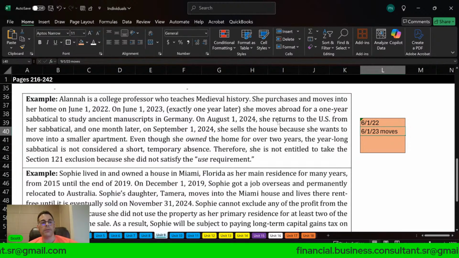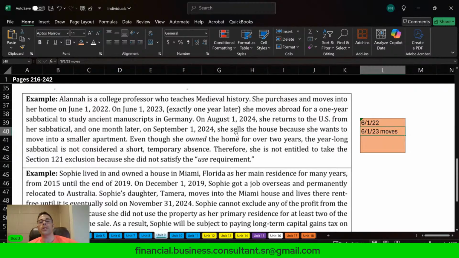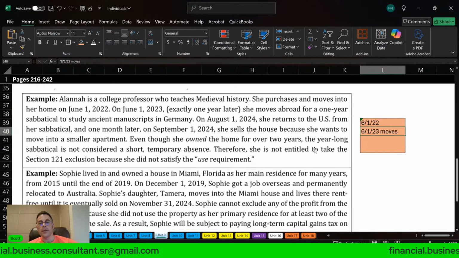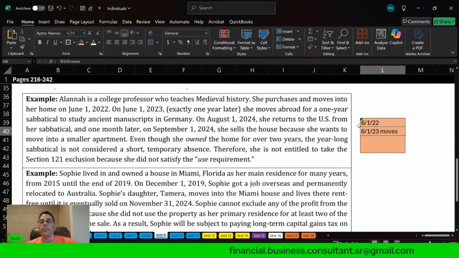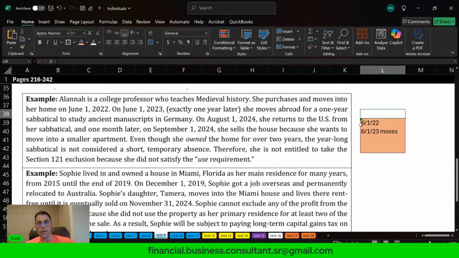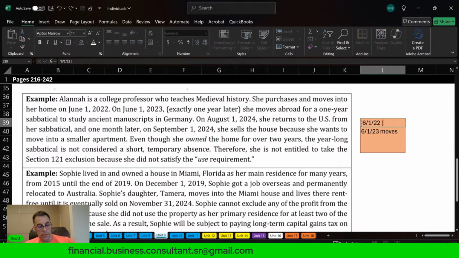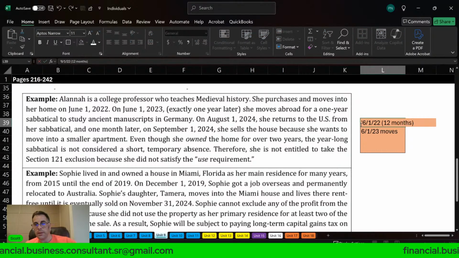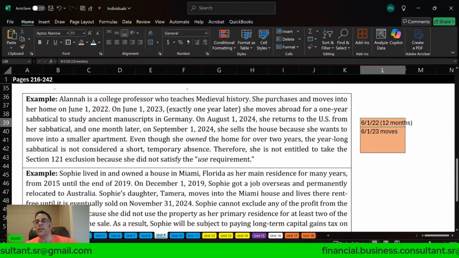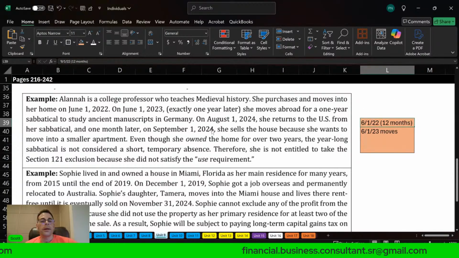She returns to the U.S. from her sabbatical, and 1 month later, on 9/1/2024, she sells her home. So she lived in the home for 12 months, from 6/1/2022 to 6/1/2023.